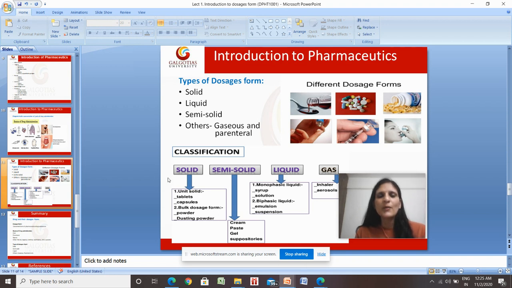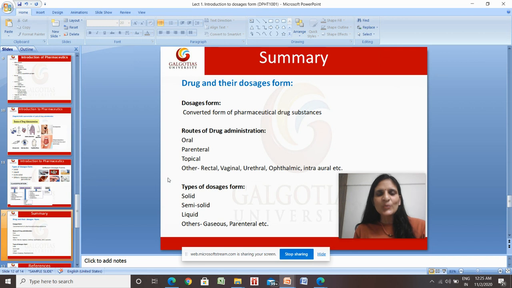So this is all about the drug and its dosage form. What we studied in today's lecture is the drug and its dosage form. Drug is a chemical substance which is used for disease treatment, diagnosis and prevention. What are dosage forms? Converted forms of drugs are known as dosage forms.